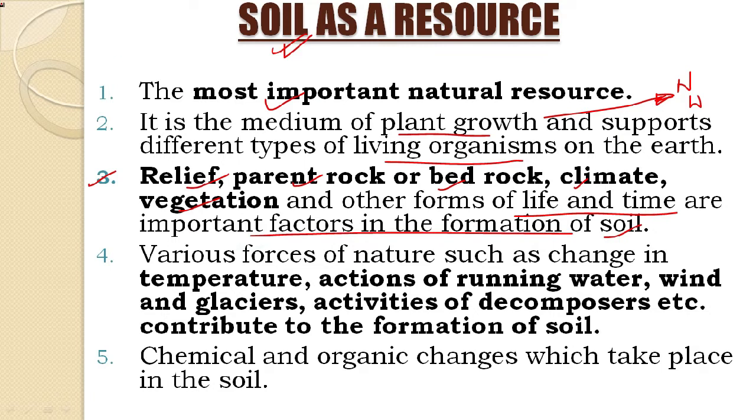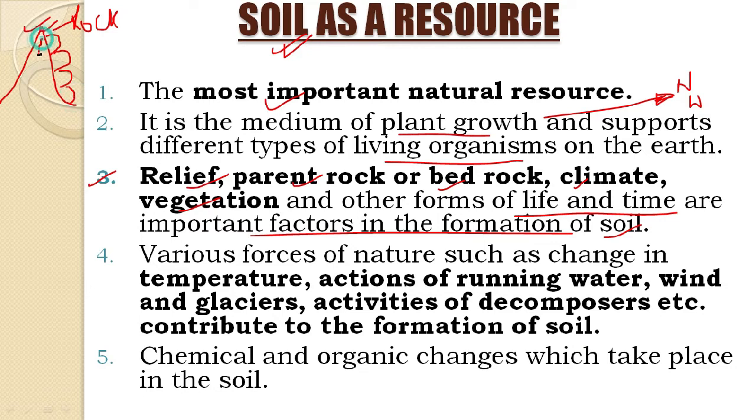Just to revise, students, if you remember the different factors which we have studied here, you can see in this diagram that this is a mountain, and this mountain could be considered as a rock, and this rock will now get weathered by the agents of weathering such as rainfall, sunlight, winds, etc., and they will start the process of weathering, due to which this rock will start getting eroded, and after the rocks start getting eroded, they come down, and still the process of erosion goes on.